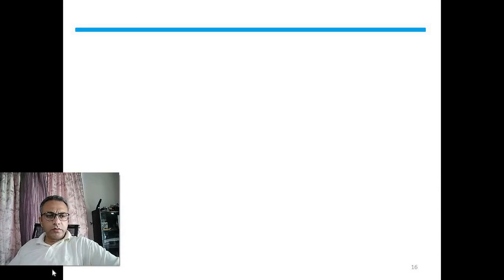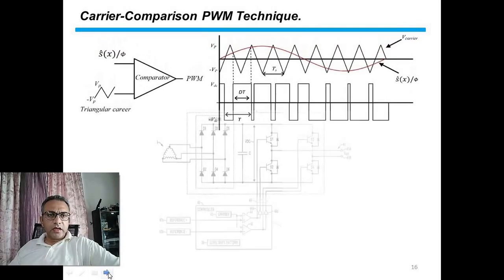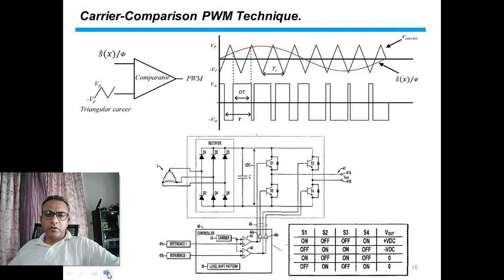Right, so we will now come to carrier comparison PWM technique. This is one of the oldest techniques available for DC to AC conversion, and it's a very simple technique. Most of the technique is hardware based.